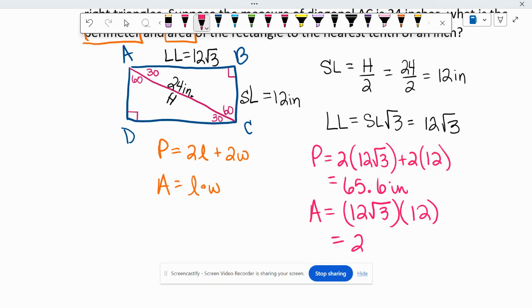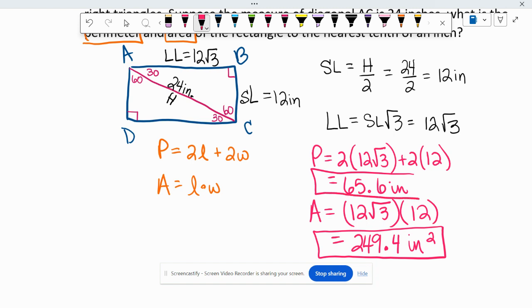Yep, that's believable. 249.41, so it's going to be equivalent to 249.4. So 249.4 inches squared. Remember that area is squared.